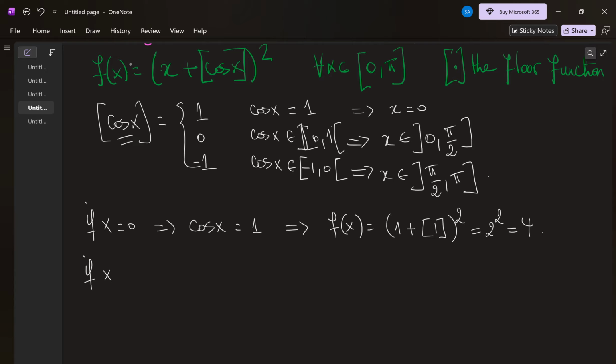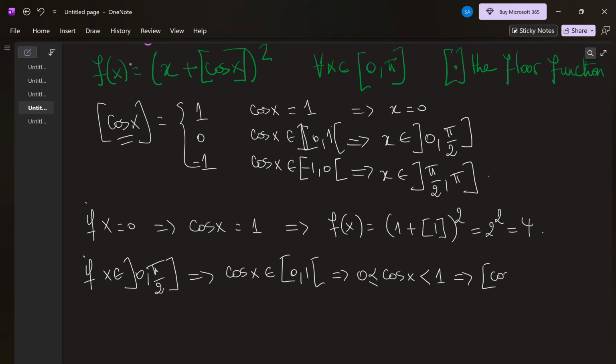If now x is in the interval from 0 to pi over 2, then cosine x will be in the interval from 0 to 1 open, which means that 0 is less than cosine x is less than 1, and in this case the floor of cosine x will be equal to 0.